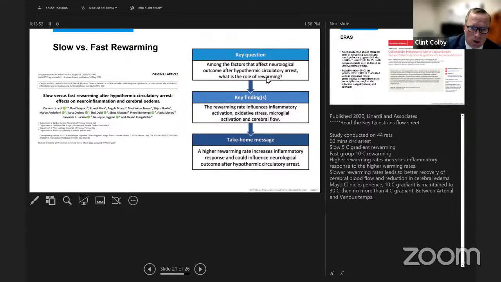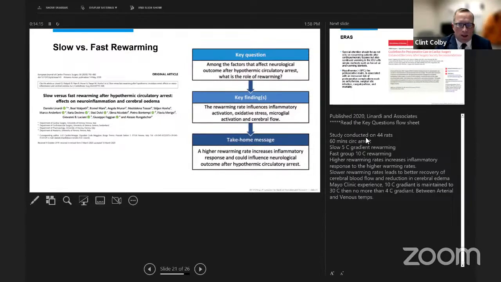What is the role of rewarming? The rewarming rate influences inflammatory activation, oxidative stress, microglia activation, and cerebral flow. Higher rewarming rates increase inflammatory response and could influence neurological outcome after hypothermic circulatory arrest.